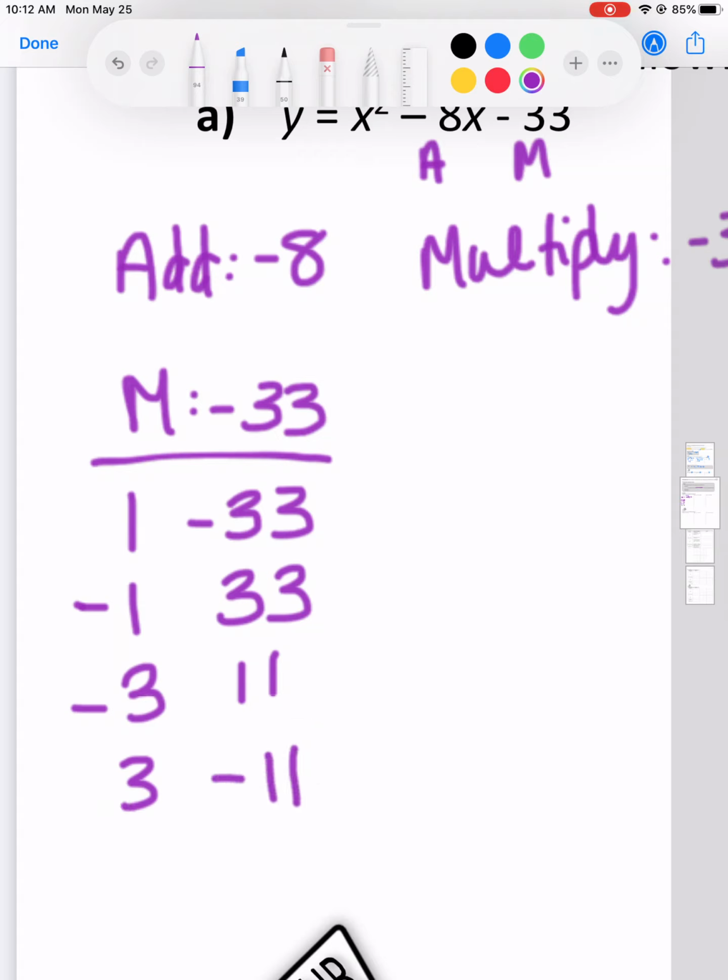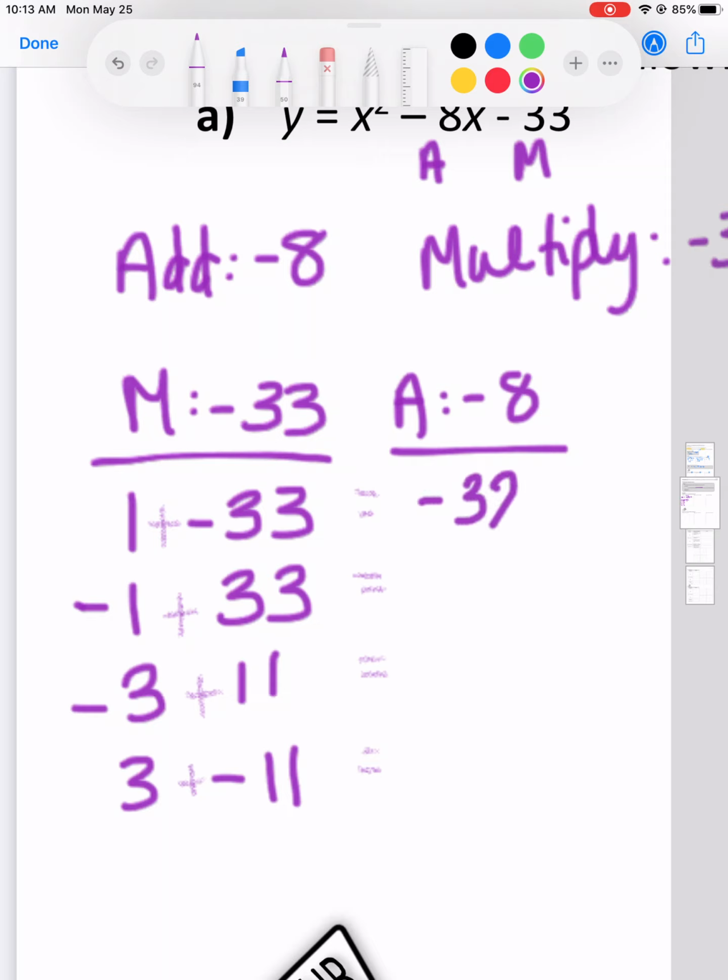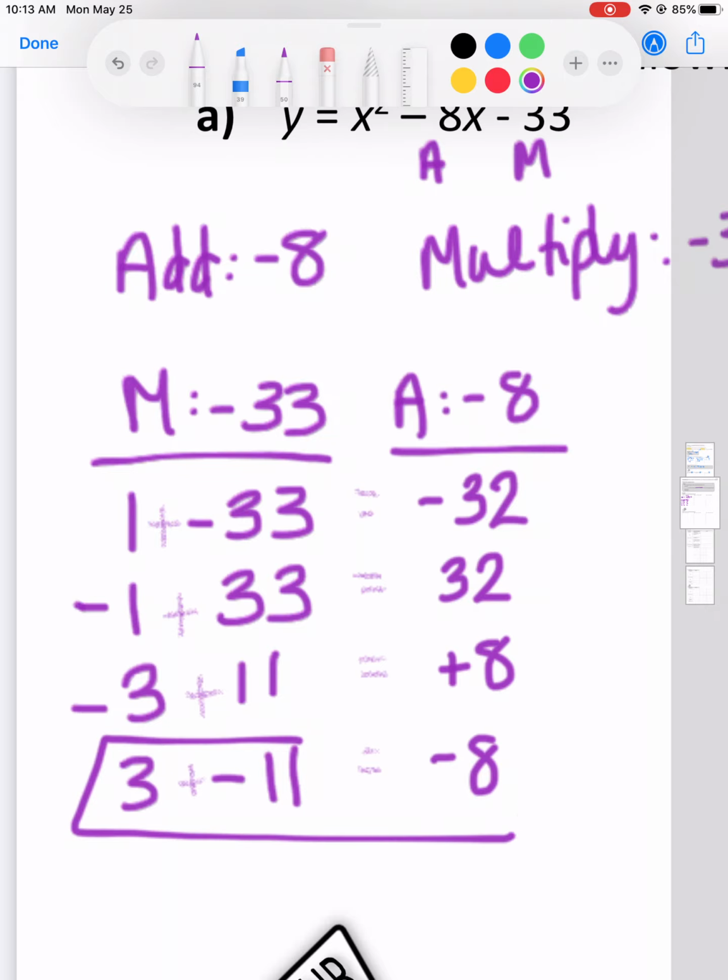Okay, so now which adds to -8? So 1 plus -33 is -32. -1 plus 33 is 32. -3 plus 11 is +8. And 3 minus 11 is -8. Okay, so these are my two numbers here.